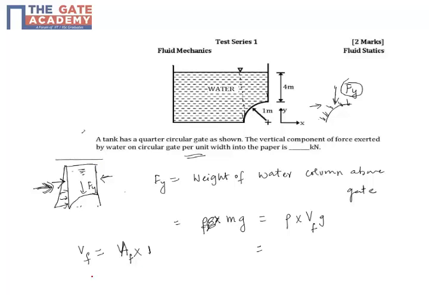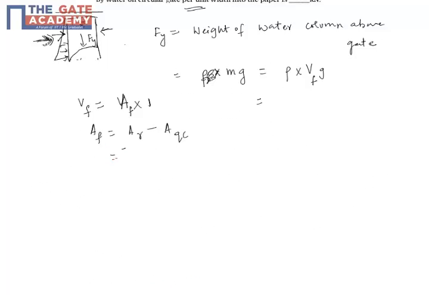This AF can be written as the rectangular area minus the quarter circle area, right? And the rectangular area is this total into this width. That is given in this problem as 5 into, so this is 4 till here and this is 1 meter radius, so total will be 5 into 1.